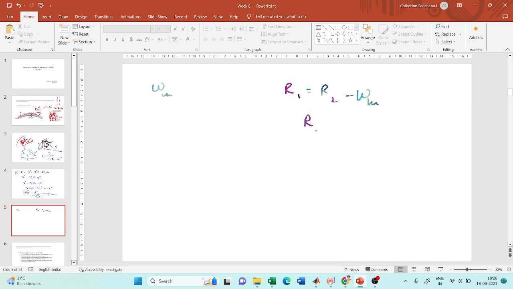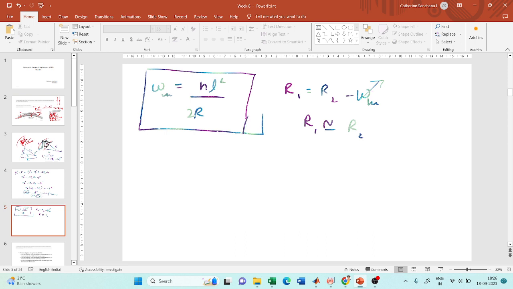But if you take R1 to be more or less equal to R2, since the radius is very large and Wm is very small, you can neglect this. When you do that, you will get this equation as nL square by 2R. Okay, so this is the final equation for mechanical widening. It is enough if you remember it, but I simply wanted to show how this has been derived.